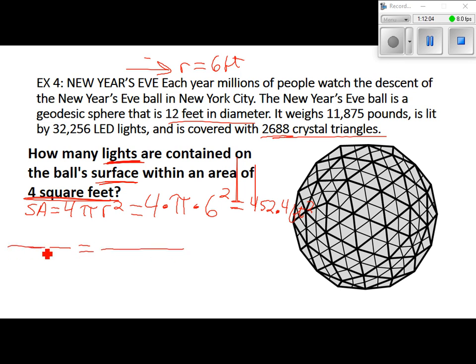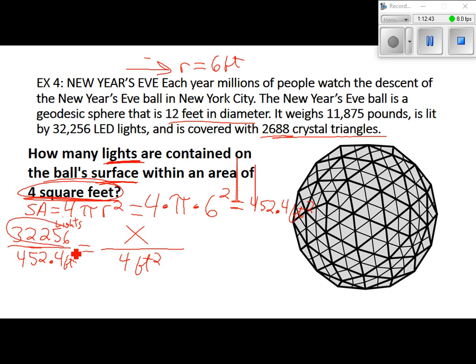We know, they told us, that the whole ball contains 32,256 lights, and we know that that is in a surface area of 452.4 square feet. So you got the lights on top, and you got feet squared on bottom. Well, we want to know how many lights, which we don't know, so we'll make it X, are in 4 square feet.